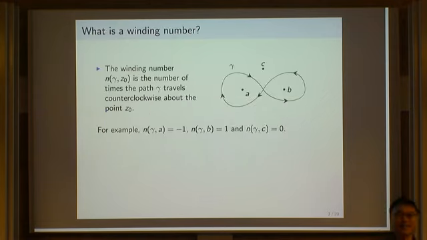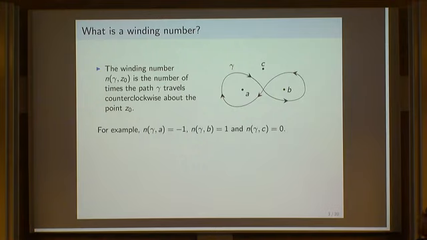So first, what is a winding number? A winding number is the number of times that a path travels counterclockwise about a point. In this case, we have a path gamma, which is essentially a continuous function from real to complex.